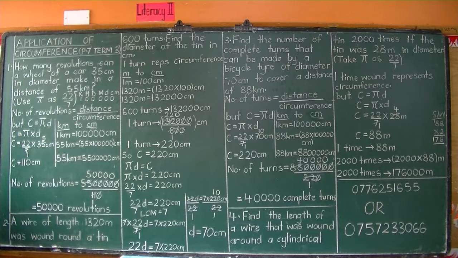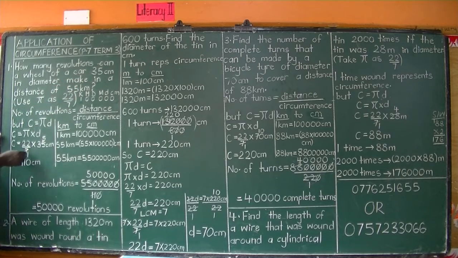Remember, d means diameter. If it were the radius, we would use 2 pi r, but here we use pi d because we have the diameter. So circumference is pi times d, where pi is written here as 22 over 7, times the diameter of 35 centimeters.